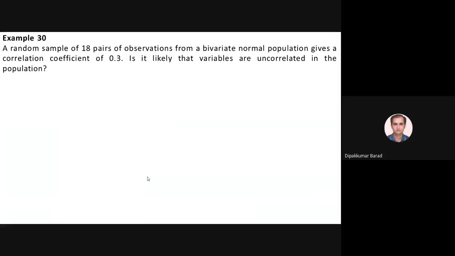A random sample of 18 pairs of observations from a bivariate normal population gives a correlation of 0.3. Are the variables uncorrelated in the population?